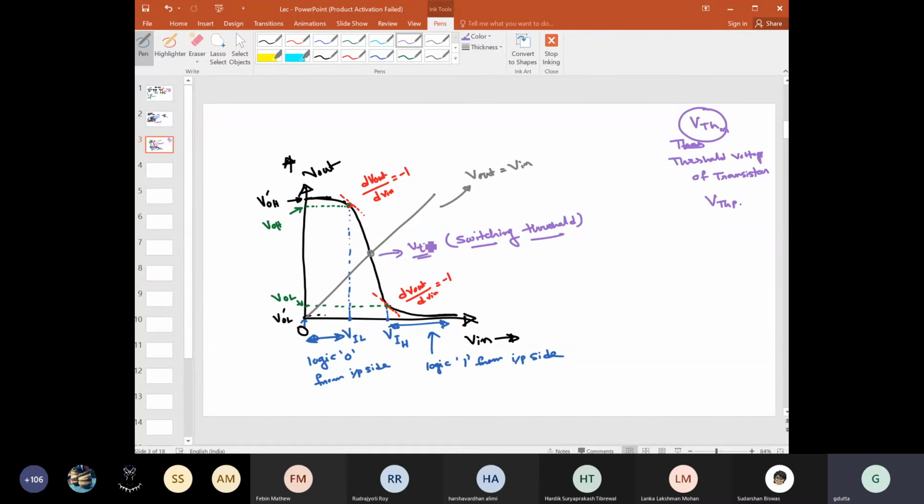Okay, so here we have now added one more point, which is this one. Now, between these 2 points, VIL and VIH, the region where the slope is quite high, that region is called the transition region.